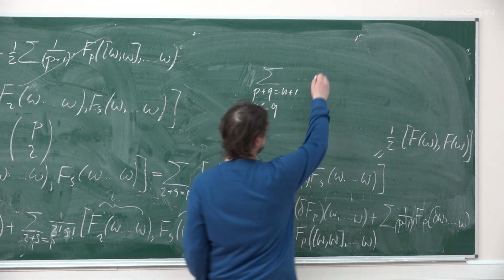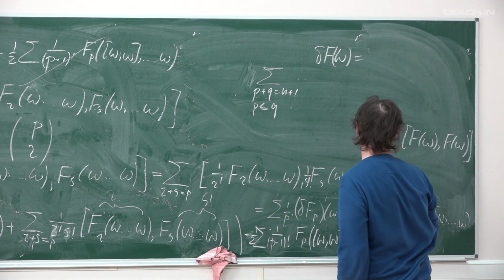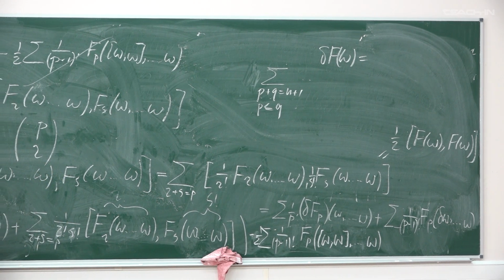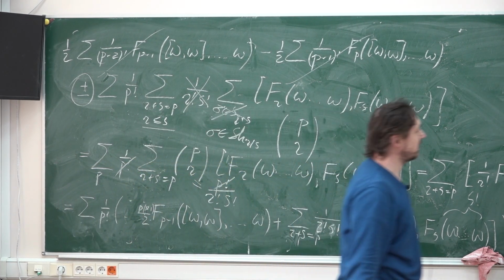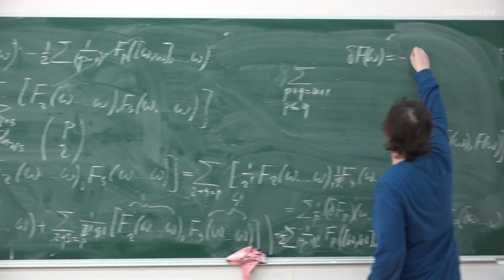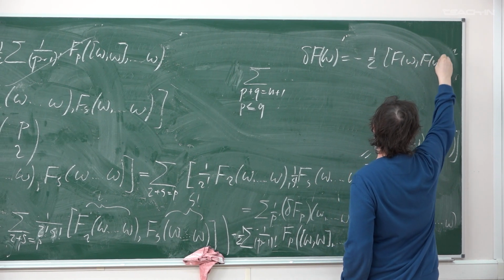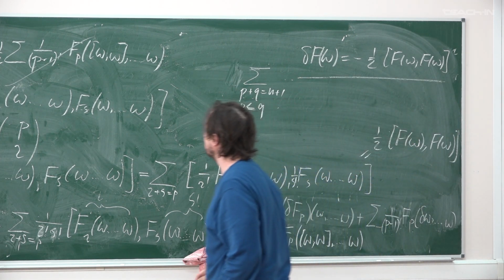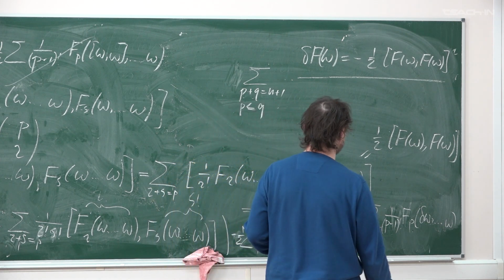So we proved the formula that delta F omega is equal to, yeah, and also this minus, I think this minus was there. Sorry for this. It's hard to remember all the signs. Minus 1/2 of the commutator of F omega. Okay, sorry for the signs. All the rest was done smoothly.